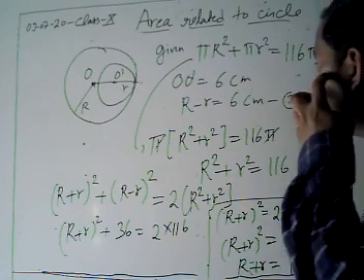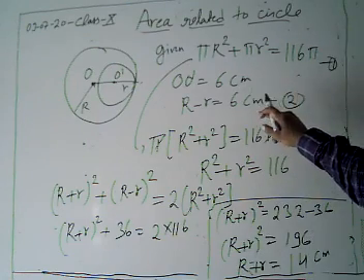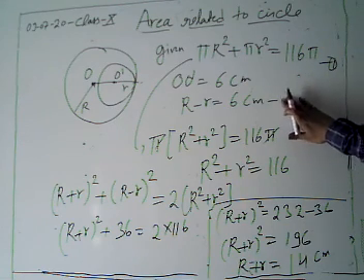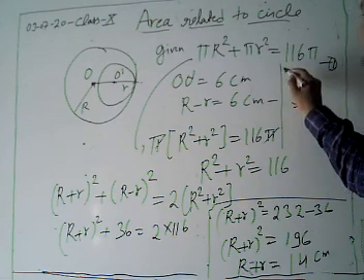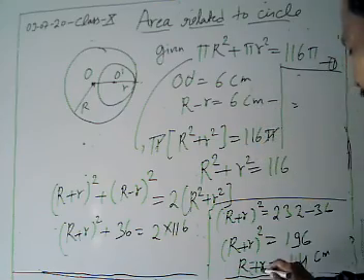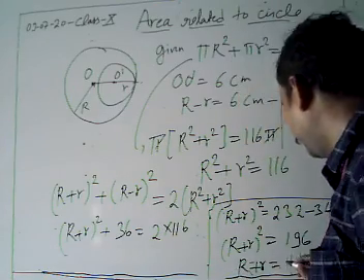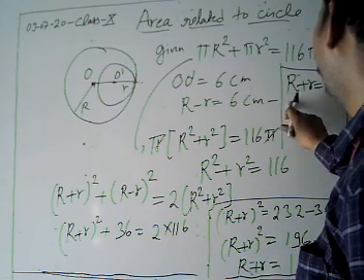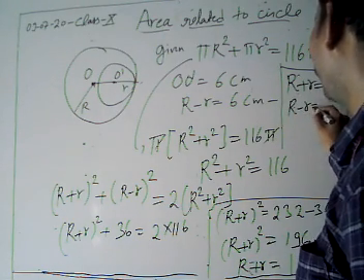centimeter. Now look, we have R minus r equal to 6. From equation 2, we have R minus r is 6, and we also got the value of R plus r is 14. R plus r is 14, R minus r is 6.